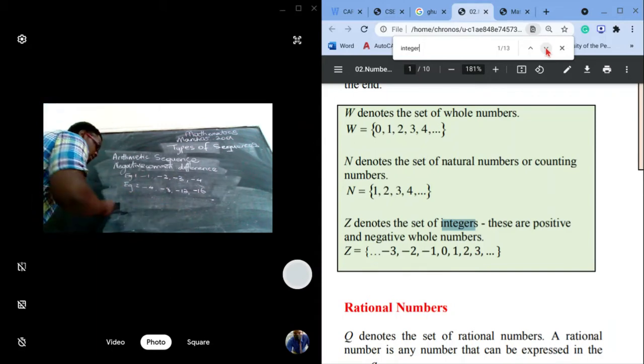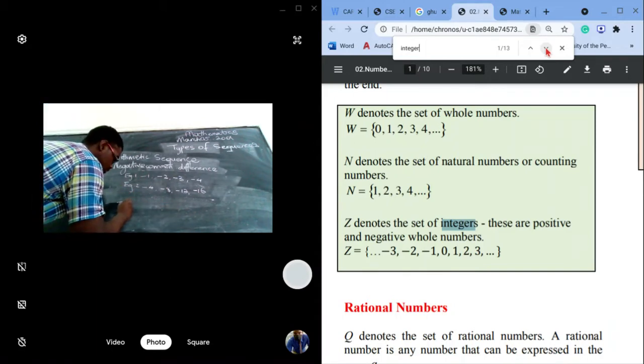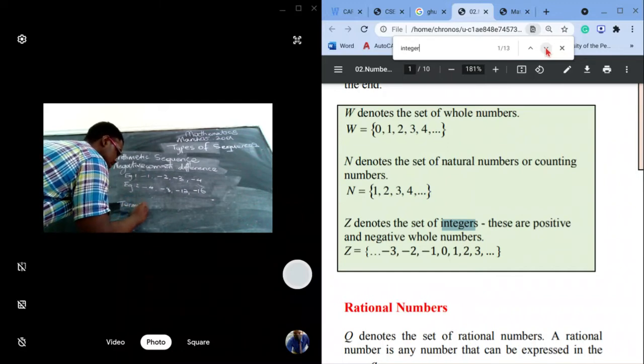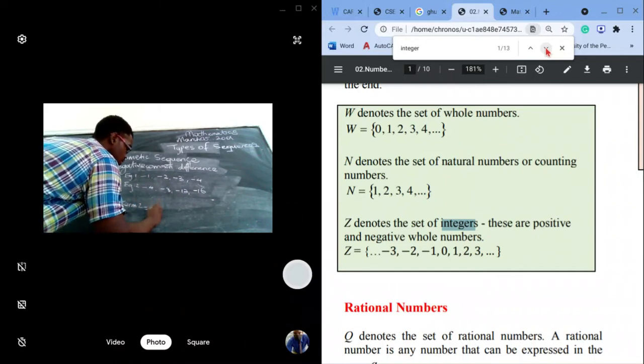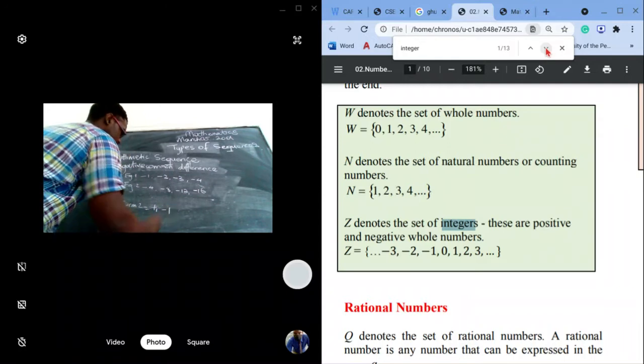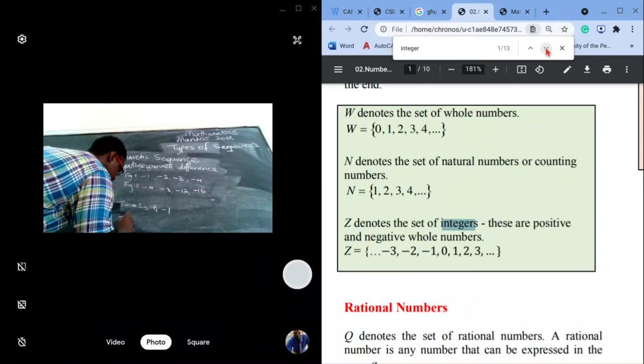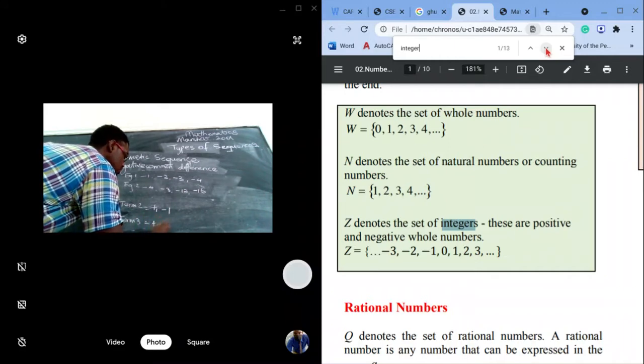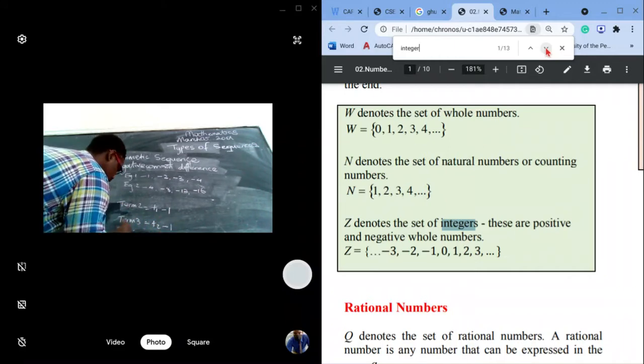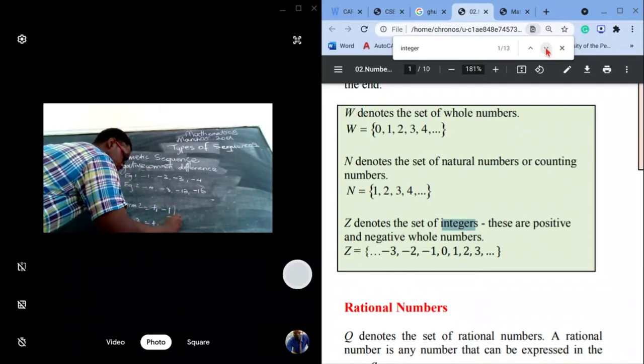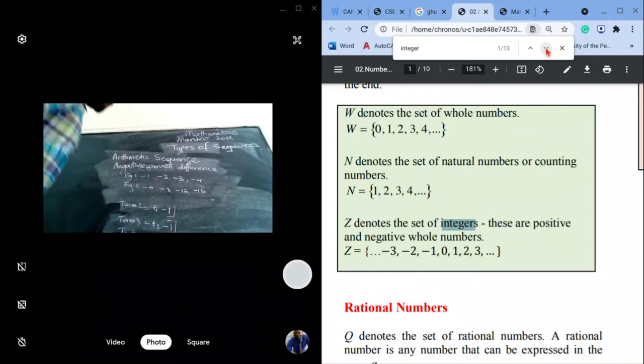So the rule is term 2 is equal to term 1 minus 1. Term 3 is equal to term 2 minus 1. Term 4 is equal to term 3 minus 1. All throughout, we see that the common value is -1.